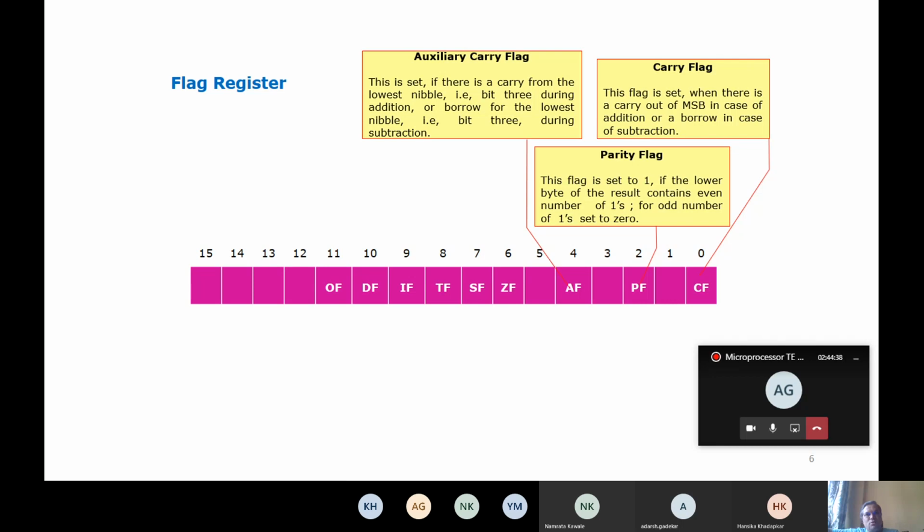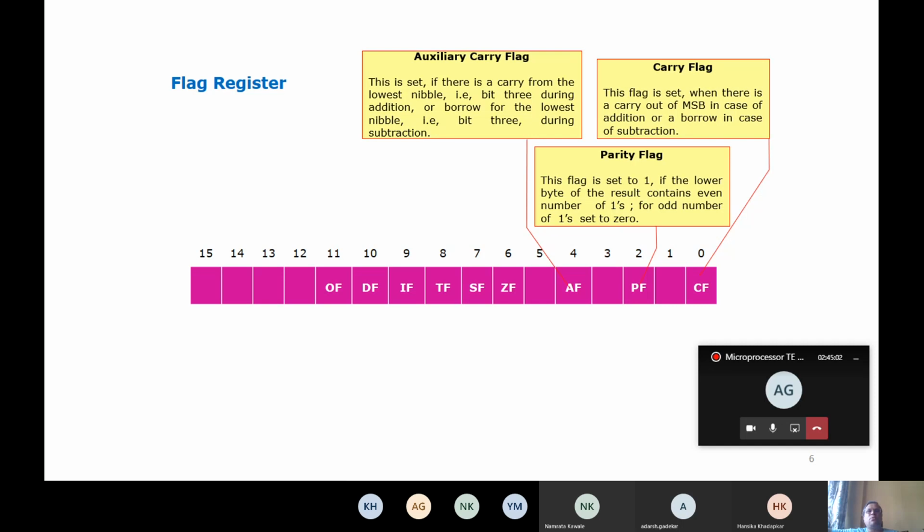In this case, the auxiliary carry flag plays important role. If I want to perform BCD arithmetic, and if lower nibble has forwarded carry to the upper nibble, it means the BCD result lower nibble is exceeding the 4-bit capacity, and we need to adjust it.